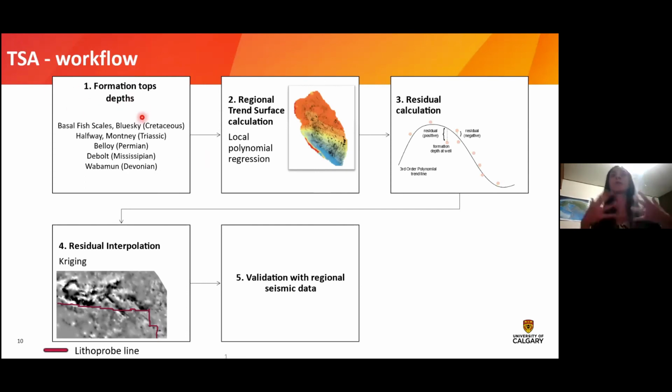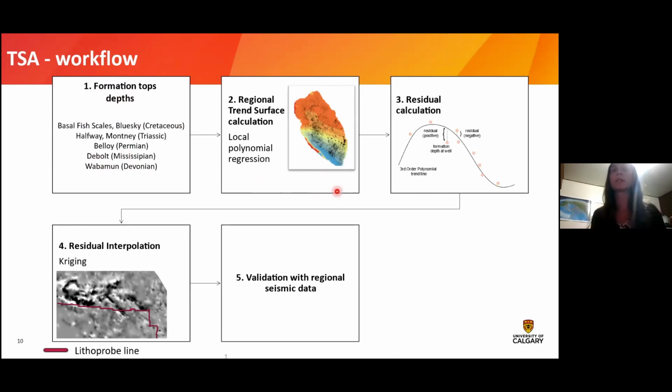So first we have our formation tops, and those are the formations that I decided to use for this study. So we are having a nice view across the geological time scale, and to understand the temporal development of those structures.